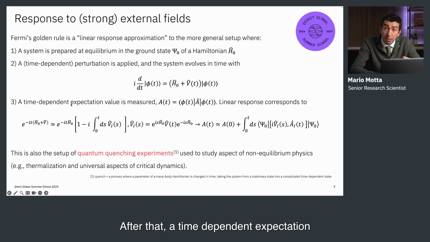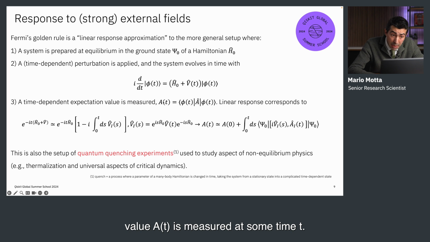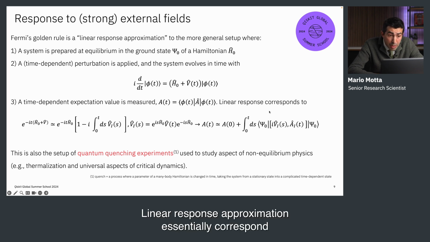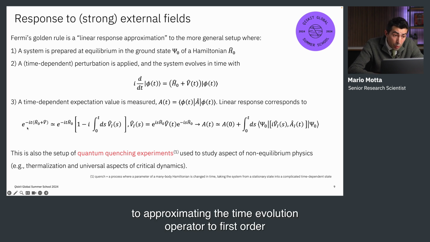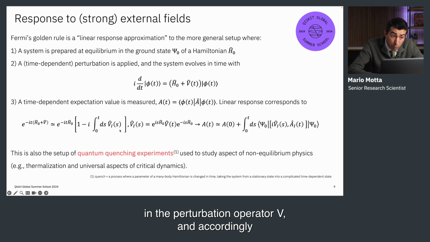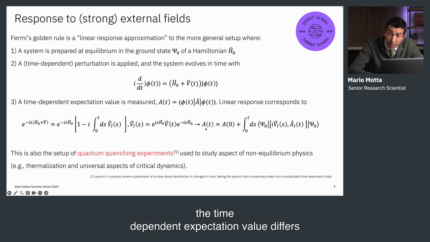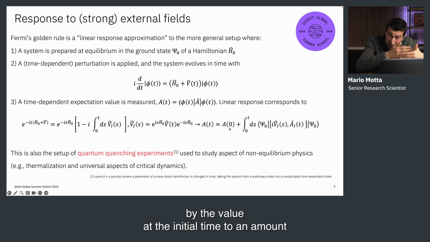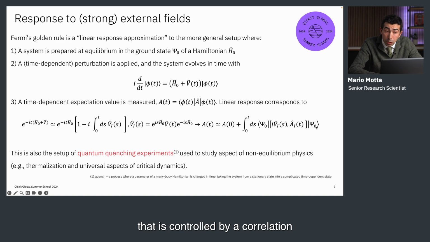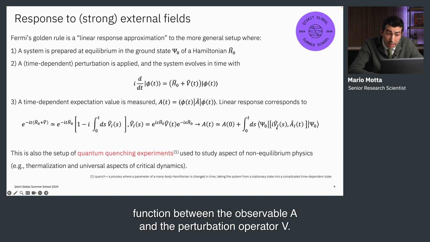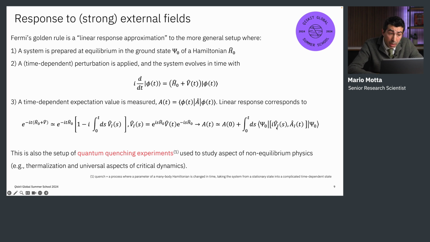After that, a time-dependent expectation value, A of t, is measured at some time t. Linear response approximation essentially corresponds to approximating the time evolution operator to first order in the perturbation operator V, and accordingly the time-dependent expectation value differs from the value at the initial time by an amount that is controlled by a correlation function between the observable A and the perturbation operator V.